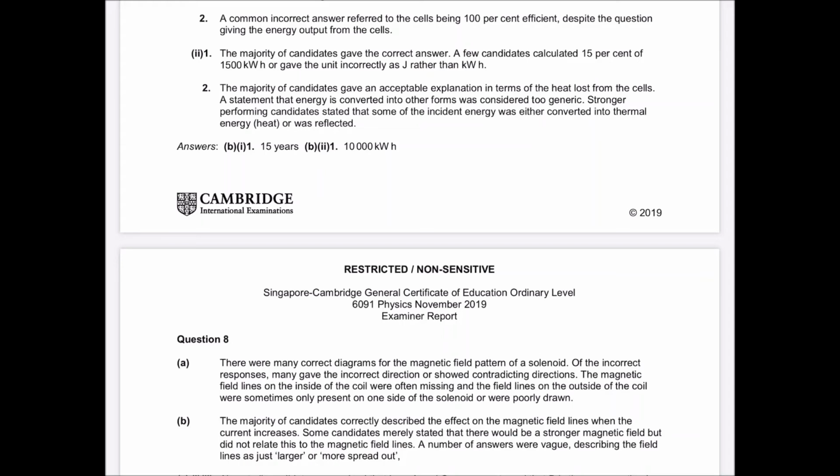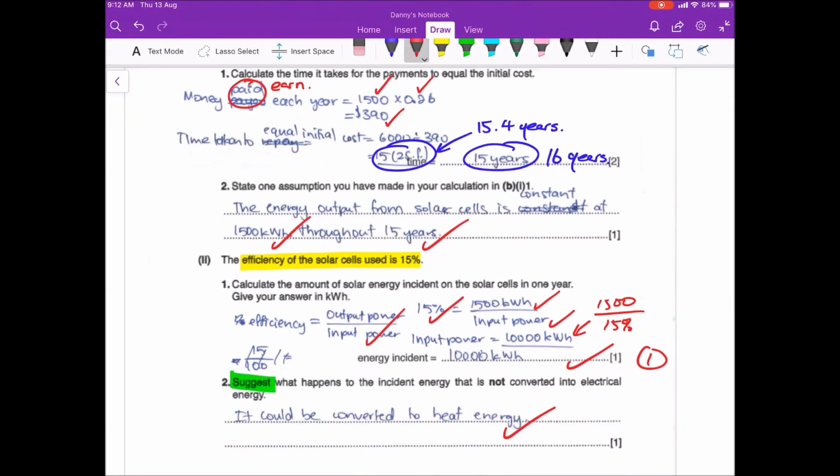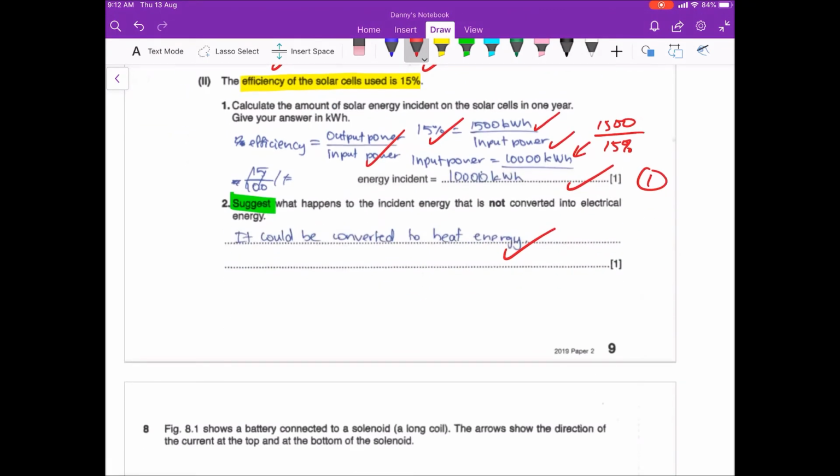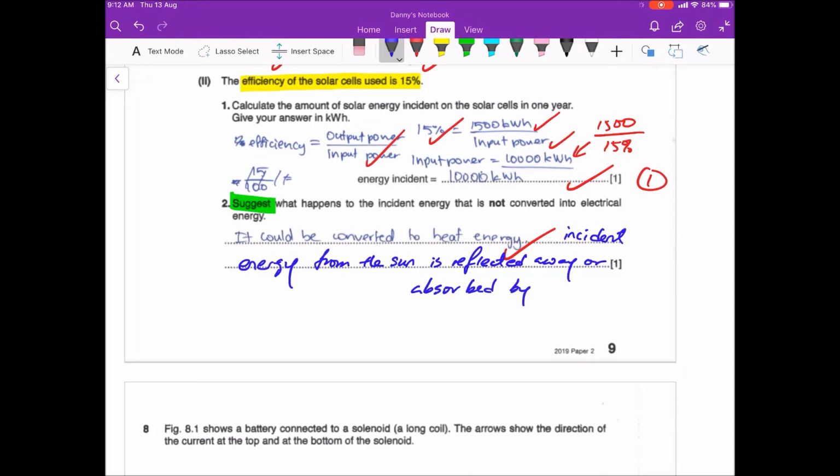Stronger performing candidates state that some of the incident energy was either converted into thermal energy, which is the generic one, or was reflected. Okay, so it seems that it would be safer to not just say that the energy converted into heat, but you can say that some of the incident energy from the sun is reflected away or absorbed by our atmosphere. Okay, so I think that would make it a better answer since they give you 2 lines.